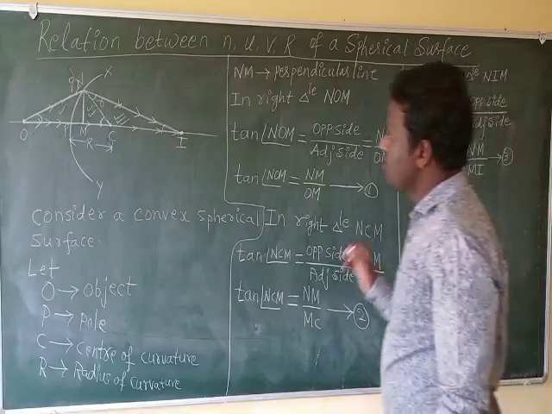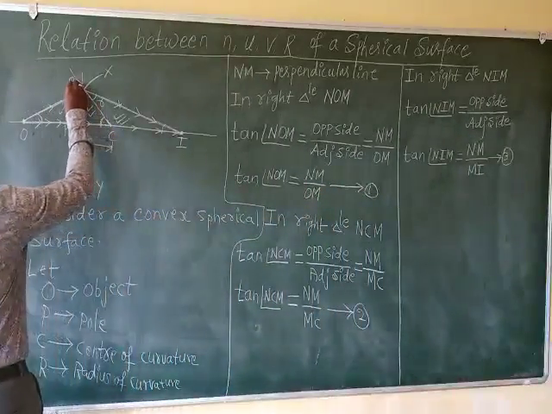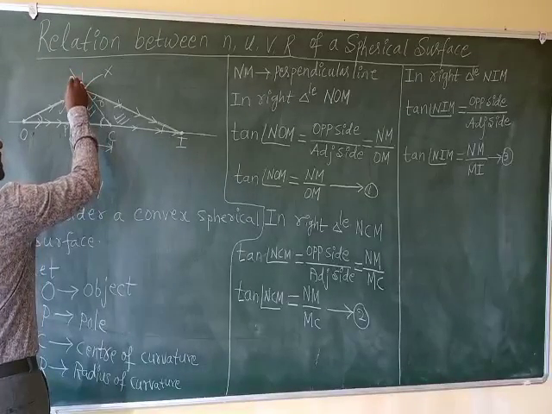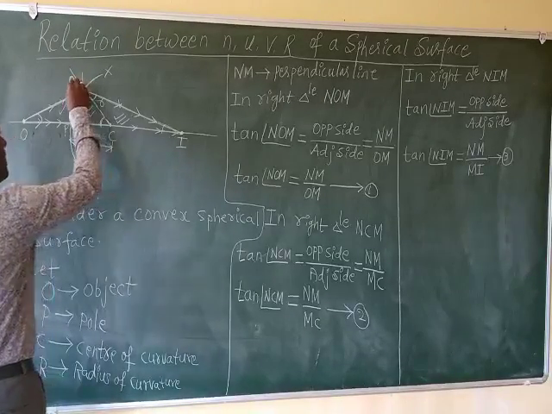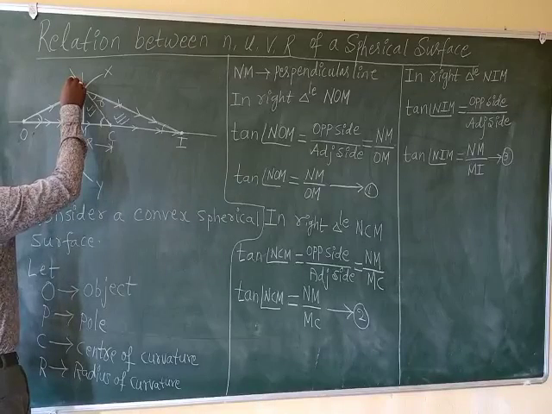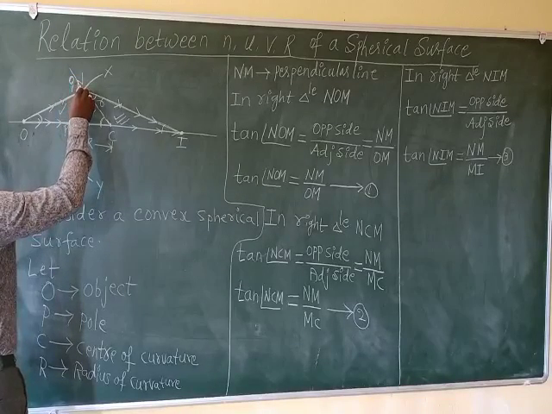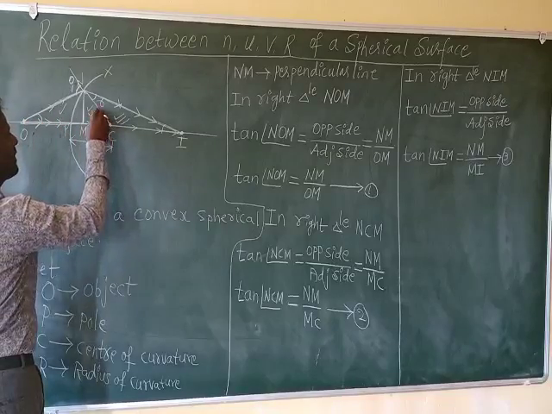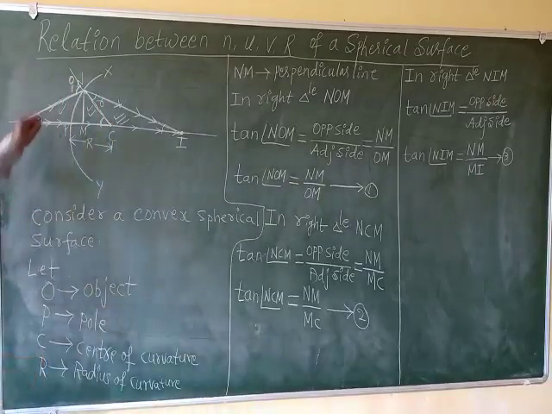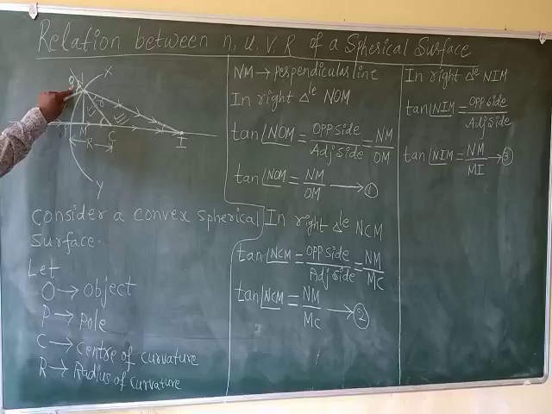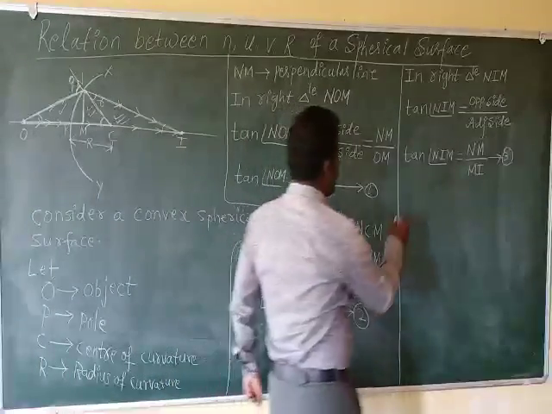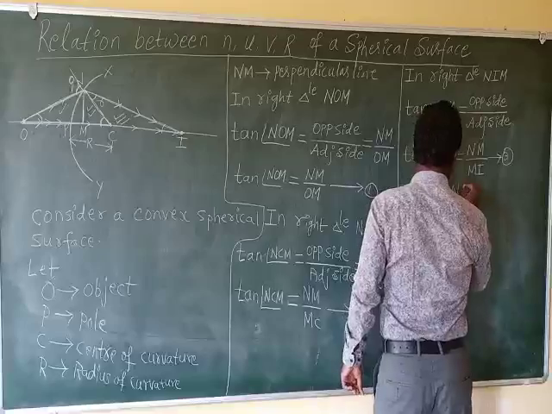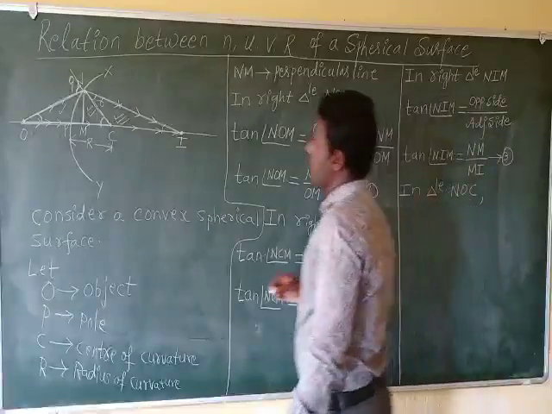So after this, we see here this angle of incidence I. This is the angle. See, this angle is an exterior angle. This is the exterior angle of triangle NOC.